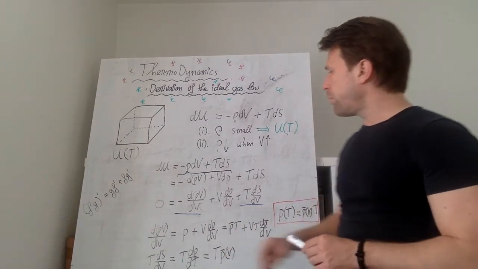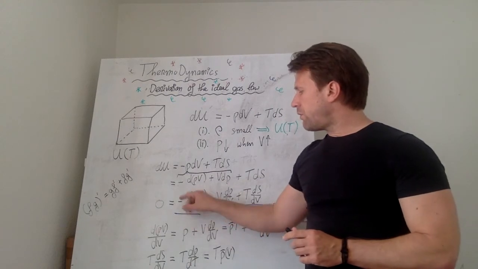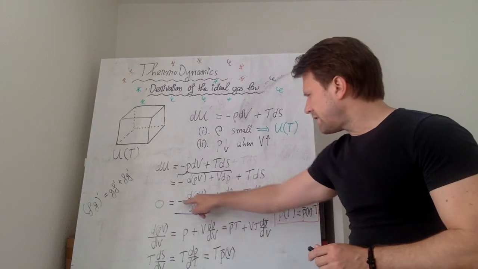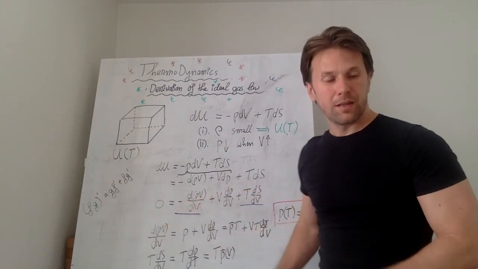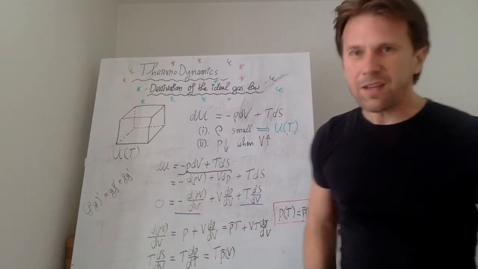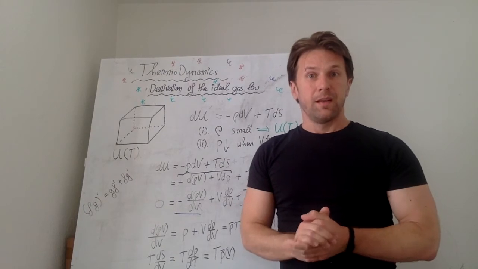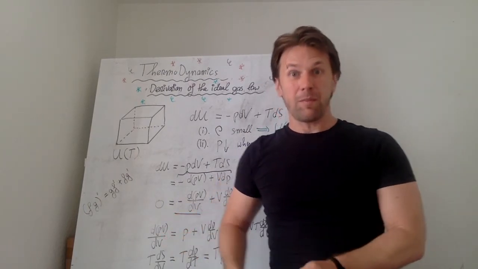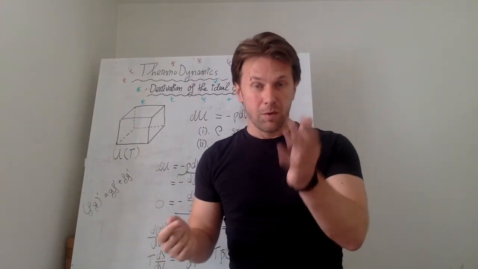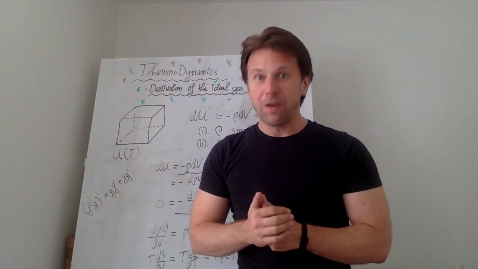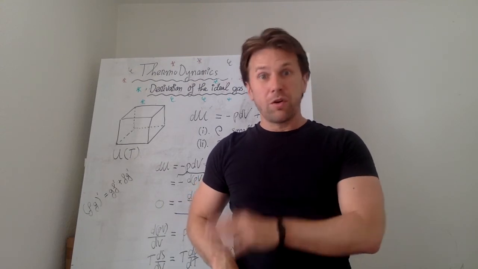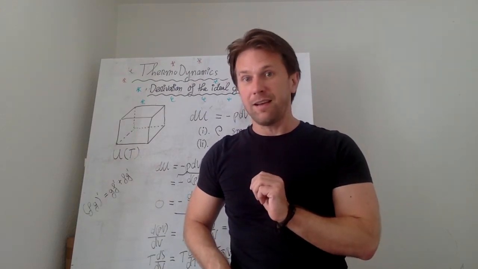Now, first a small point. People might have noticed that when I wrote out this first term, I ignored the minus signs, right? There's a minus sign in front, I ignored it. Now, why did I do that? It doesn't really matter for my argument. If I go back to my 10,000 euros example, if I have 10,000 euros and somebody steals €1 from me, we talked about that it's still a very good approximation to call the number in my pocket 10,000, even though the real number is 9,999.